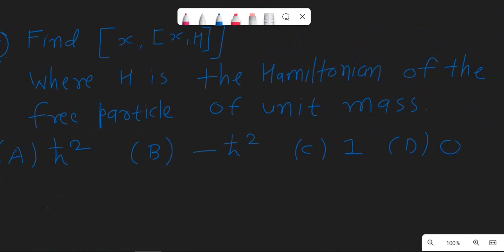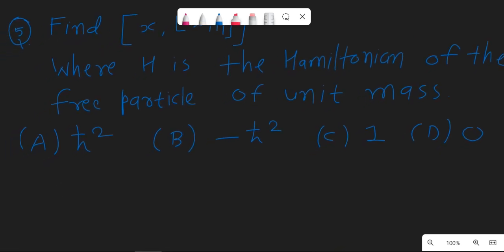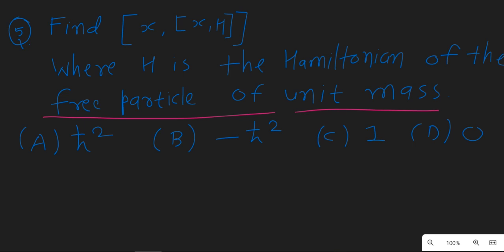Now, fifth question, in which we are given a commutation relation: find the commutation relation of x with the commutation of x, H, where H is the Hamiltonian of a free particle of unit mass.